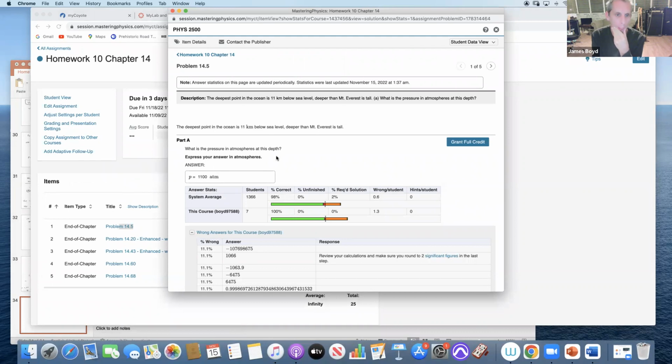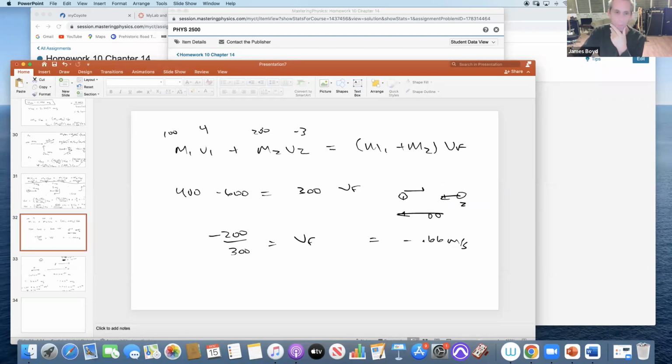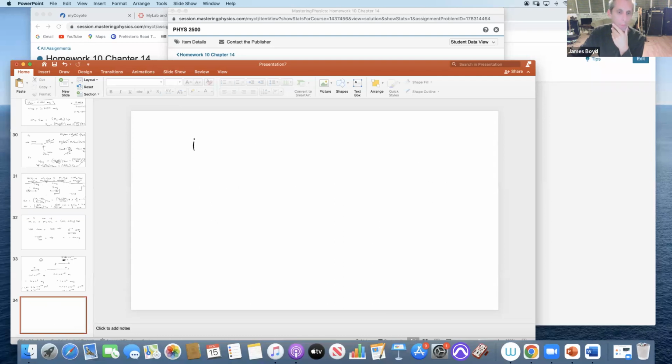Now, the deepest point is 11 kilometers below sea level, deeper than Mount Everest is tall. What pressure is the atmosphere? So, P initial plus rho g h initial plus rho v initial squared is equal to P final. This is Bernoulli's equation.